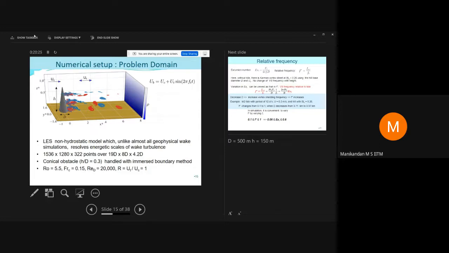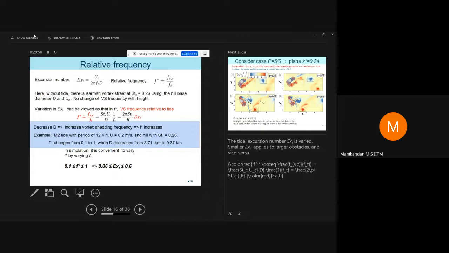We handle the conical obstacle. This conical obstacle is pretty steep. So h by D is 0.3, but by most standards this is very steep. And it's handled with the immersed boundary method that we have developed. And the Rossby number is 5.5, weak rotation, strong stratification, and the Reynolds number is 20,000, so fairly high.